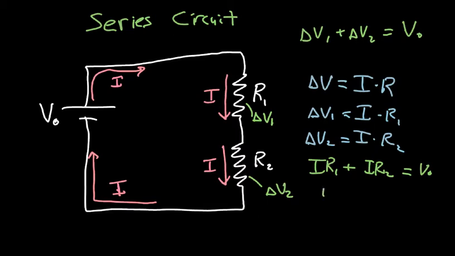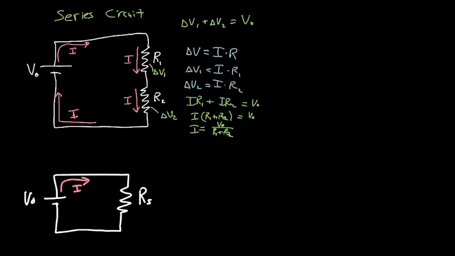So let's factor out an I, and we get R1 plus R2, and then it equals V naught. And so here our current I is equal to V naught over R1 plus R2. So now we have an expression for the current.